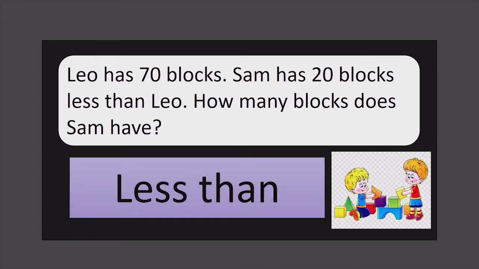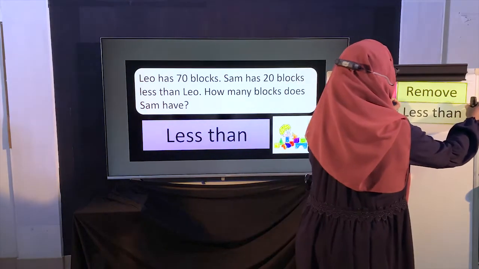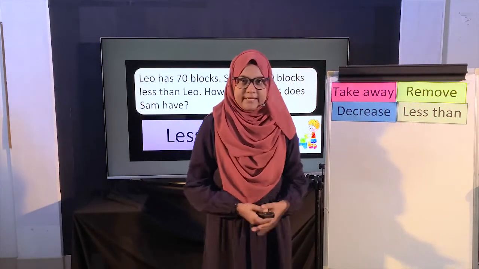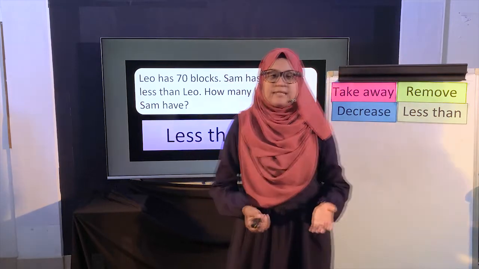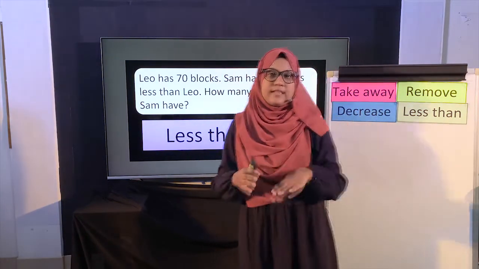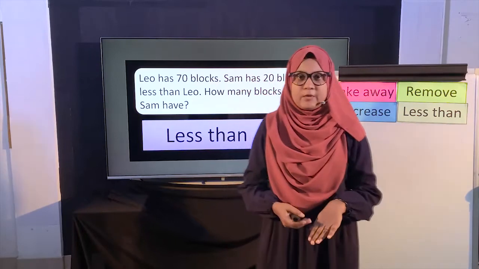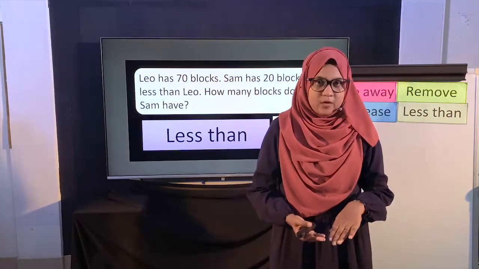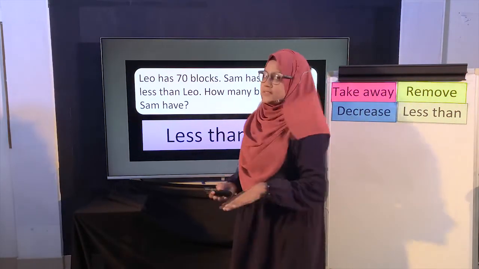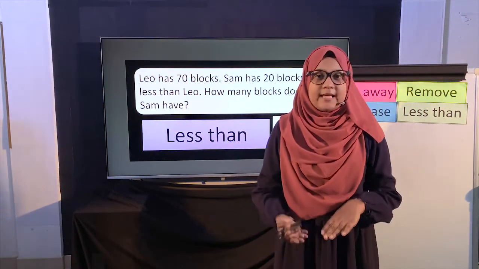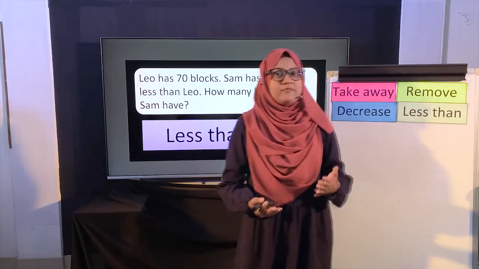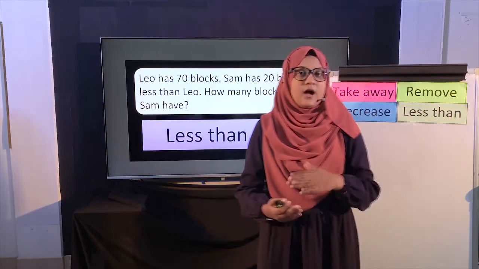Yes, it is less than. So this is the fourth word. It is less than. Now what does it mean? It means that one value is lesser than the other value. Like in this question, Leo has 70 blocks, but Sam has 20 blocks less than Leo. So it shows that one value is lesser than the other value.